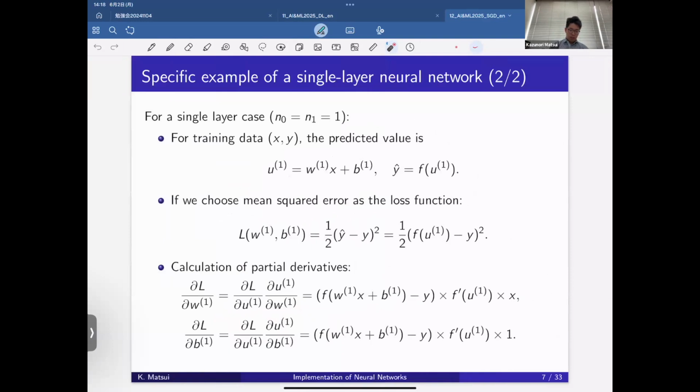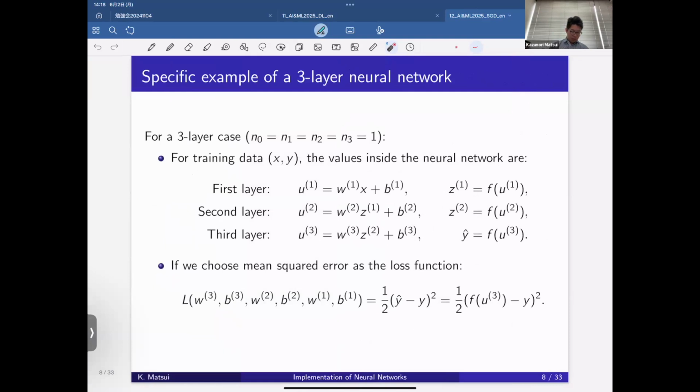But next, let's try with 3 layers. Let's say we have 3 layers and each dimension is 1. The calculation of values inside the neural network is done like this.